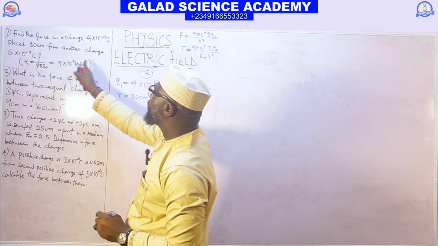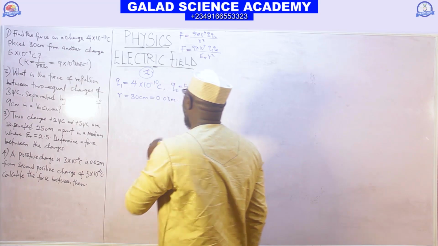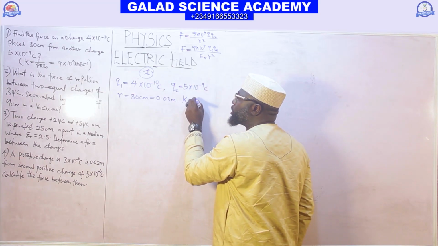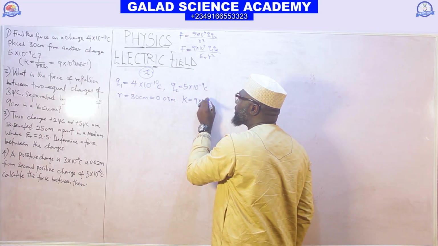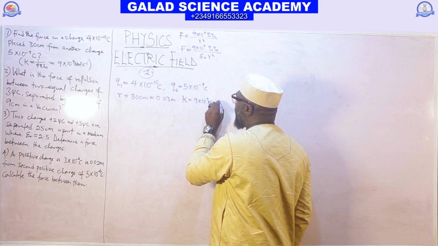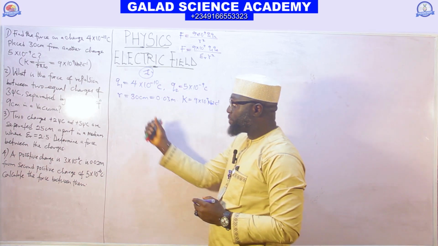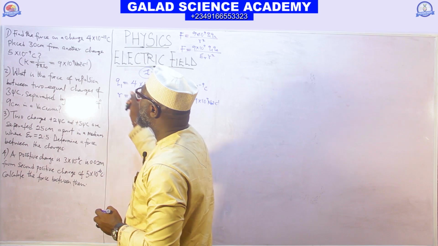Good. Find the force. And look at the question here. They give us K. What is K given there? K is 9 times 10 raised to power 9 meter square per Coulomb. You can observe that they have made things easier for us.